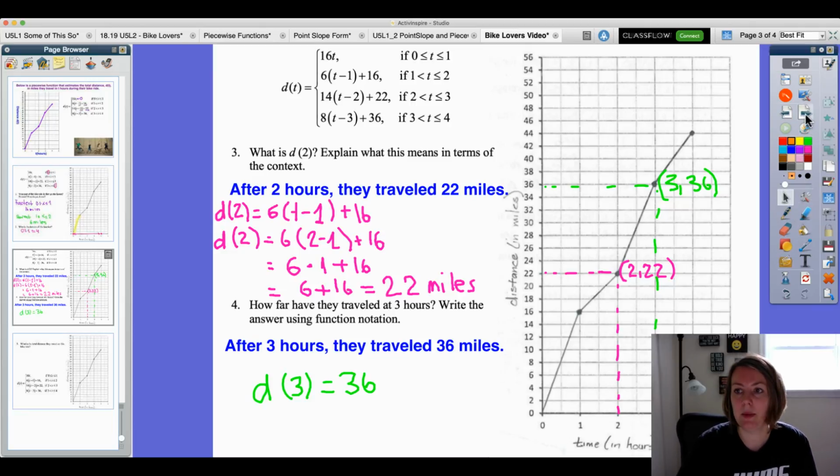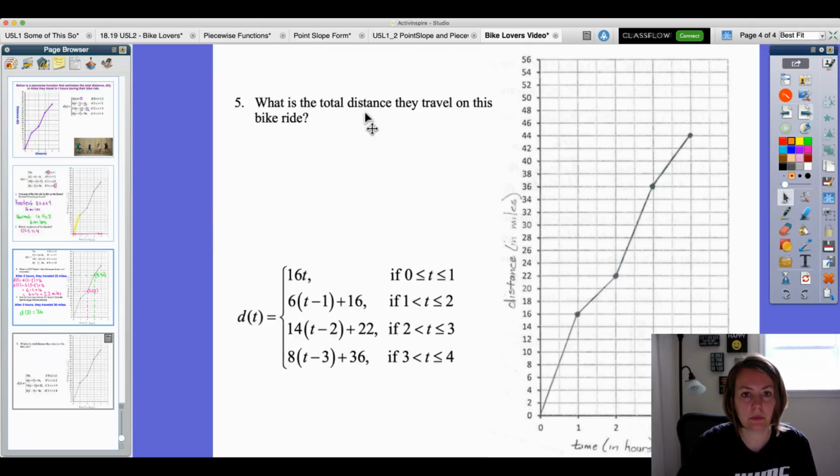Okay? Now my last part is asking us about the total distance they traveled on this bike ride. So remember, my y-axis tells me about my total distance. We started at 0, which was right here, and then they went all the way up to here. So after 4 hours, they were all the way up here, which corresponds to 44.